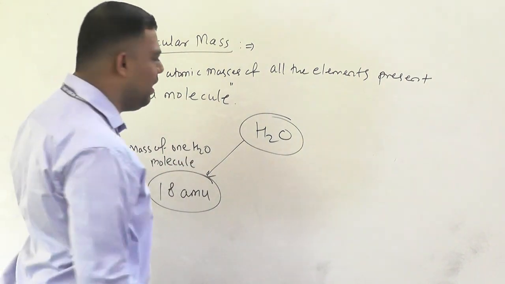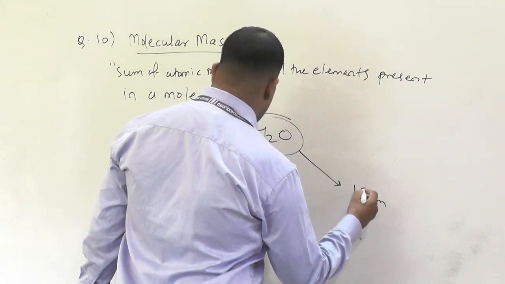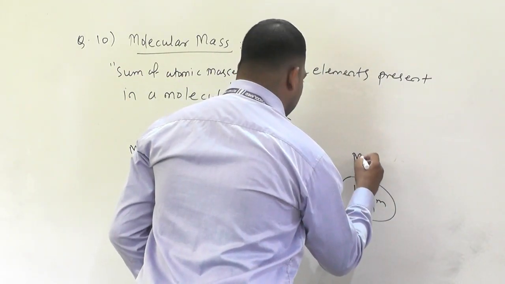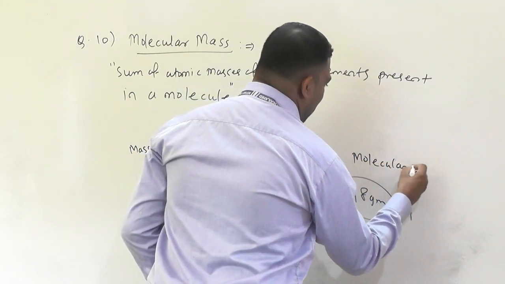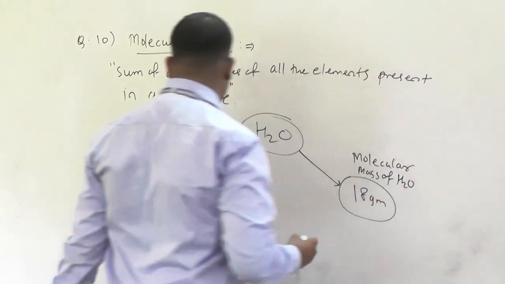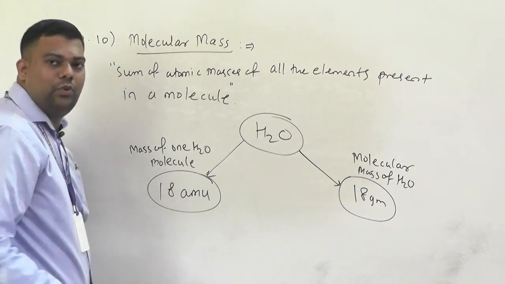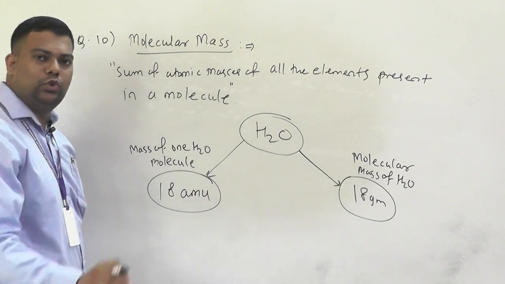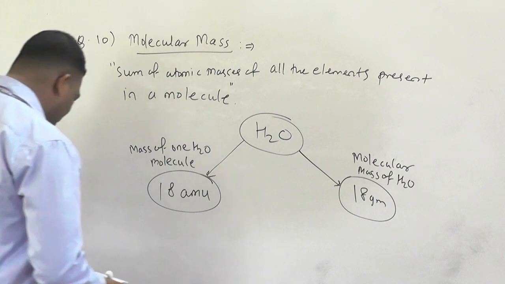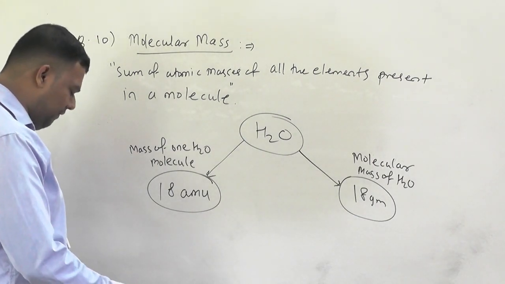And whenever you are writing 18 gram, it is the molecular mass of H2O. Understood? So keep this in mind. Again, after that, 18 AMU will convert into simply U, and that U is unified mass. So that also we can write here. So basically it is different.